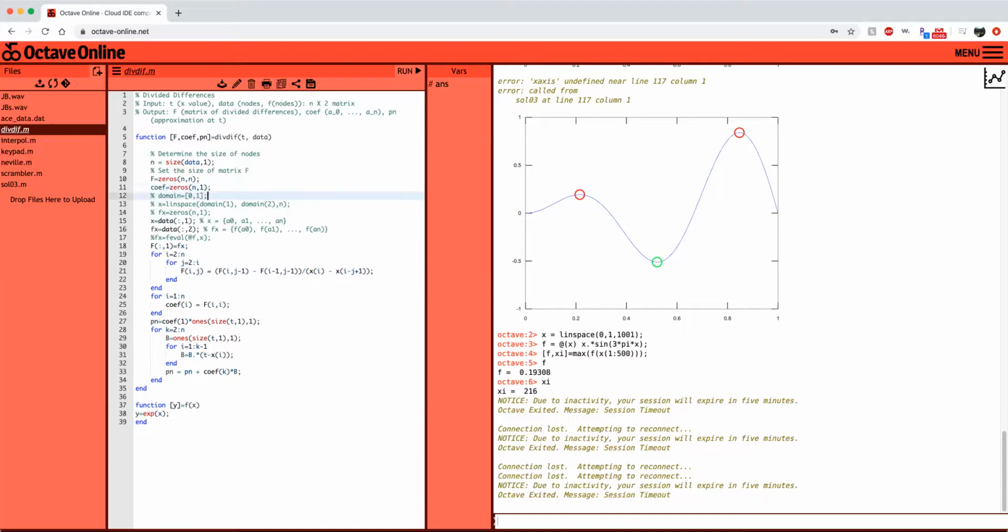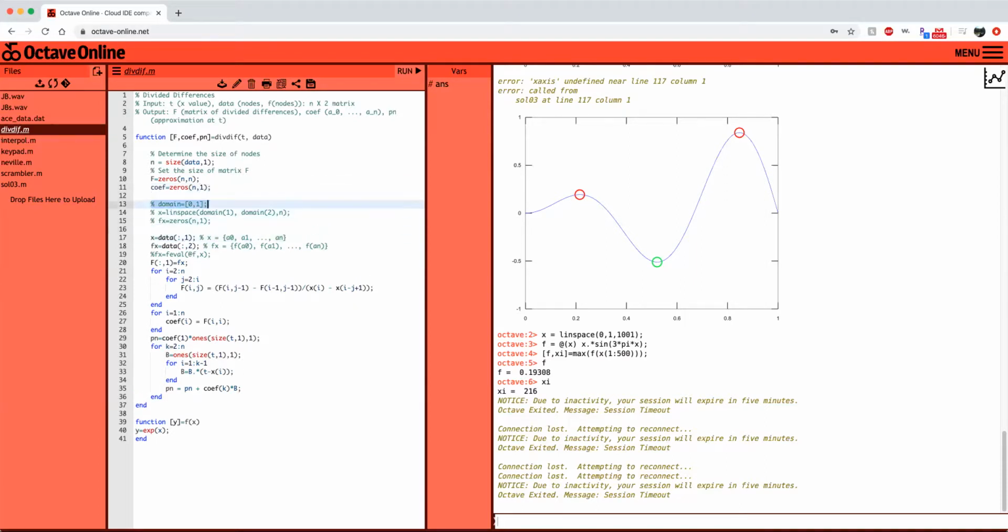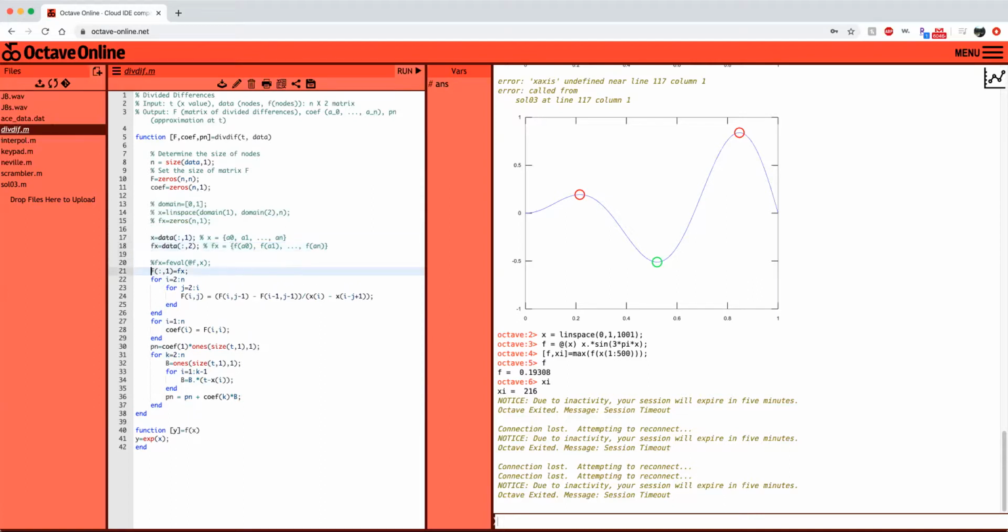Okay, and then, excuse me. So now next, we're going to extract the nodes and put the nodes into the variable x right there. And then f of x, that's the function value at the nodes, which is the second column of data. Okay. Then you don't have to, just take care of this part. Okay. So now next, what about this?